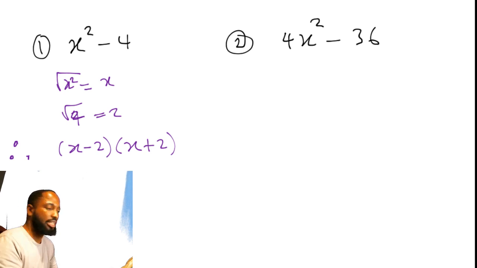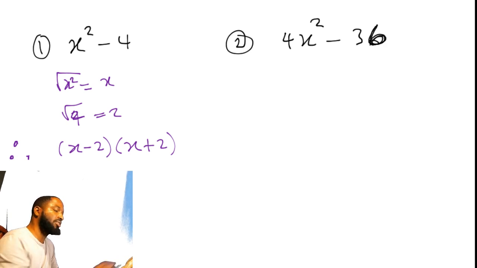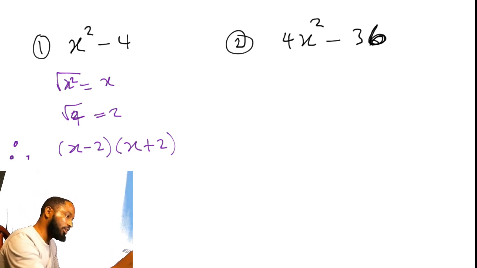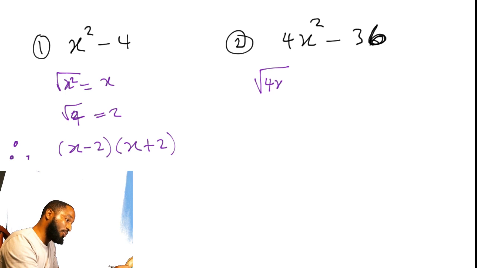No, that's 36. If it was 3b, you would not be able to work it out because you can't find the square root of 3b. So it's 36. Good, Katrina. Very good, Amelia. So what we need to do is actually find the square root of the 4x squared.